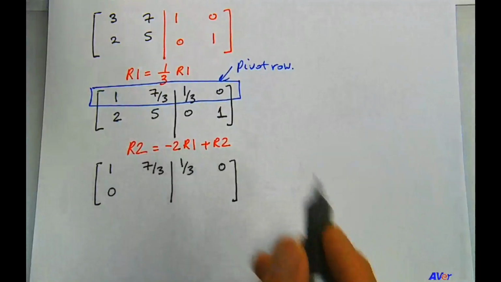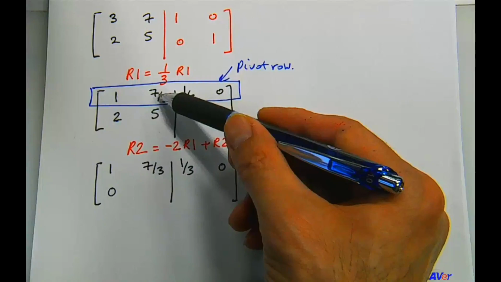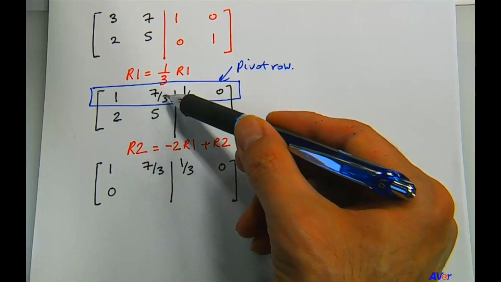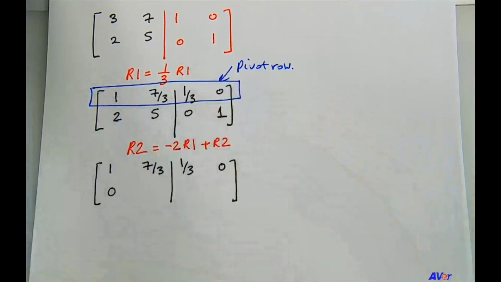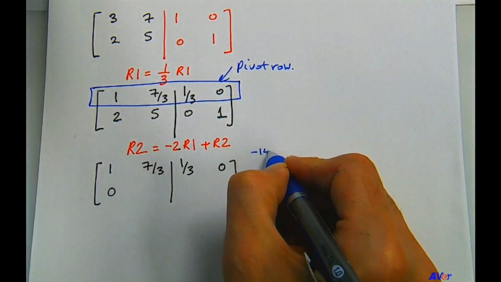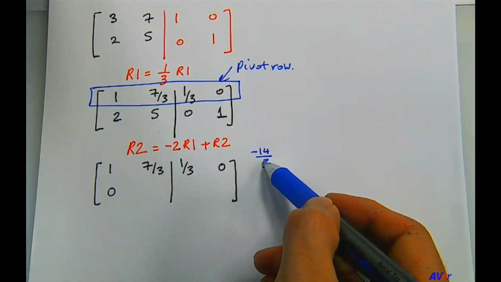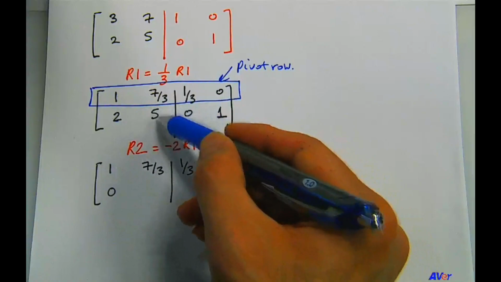We're just doing this row operation. -2 times 7 over 3 is -14 over 3, plus 5. So let's do a little common denominator thing here.